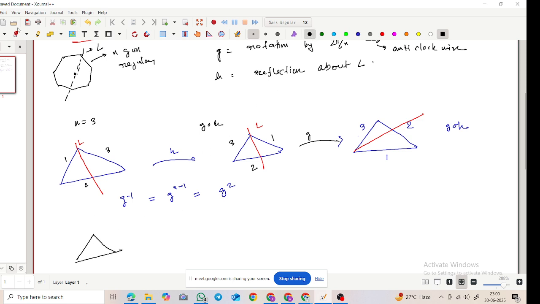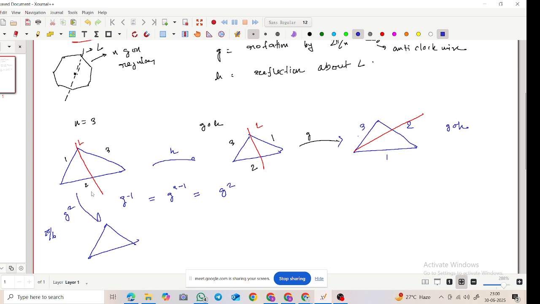Okay. So first let's apply G square. So we will be applying G square. That is, we will rotate it by 2 pi by 6. Okay. So what will we get? So you apply G once, then you apply G again, right?